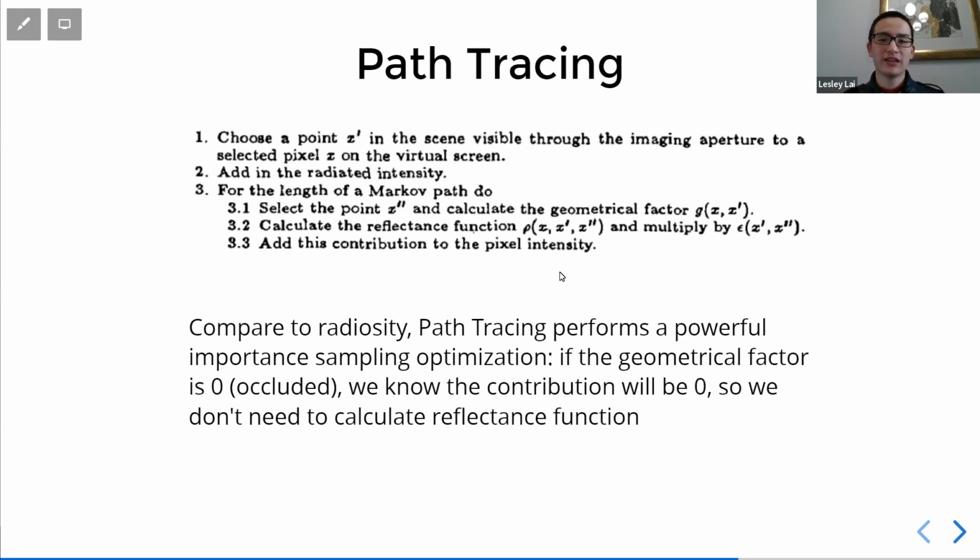This is actually importance sampling, because in importance sampling, if the contribution is low, we send fewer points to it. If this point is more interesting, we send more points to it. In this case, if the point is totally not interesting, because it is occluded, then we just don't send a ray to it at all. So that's rather interesting.